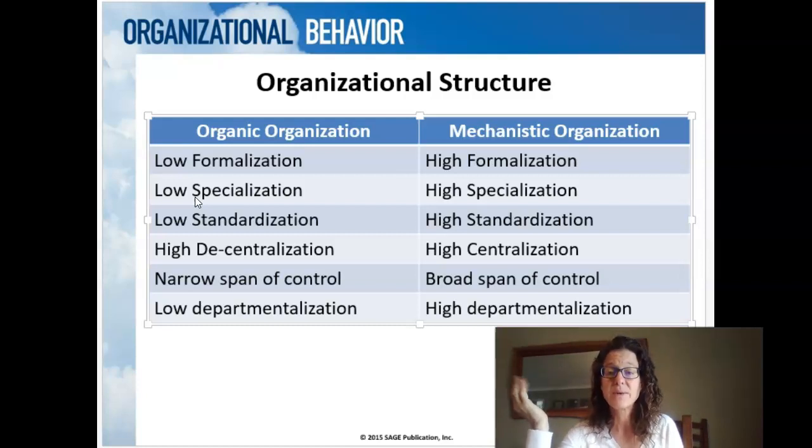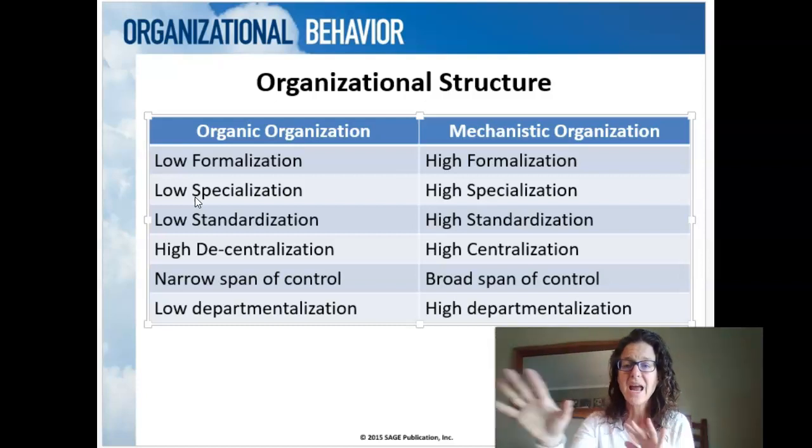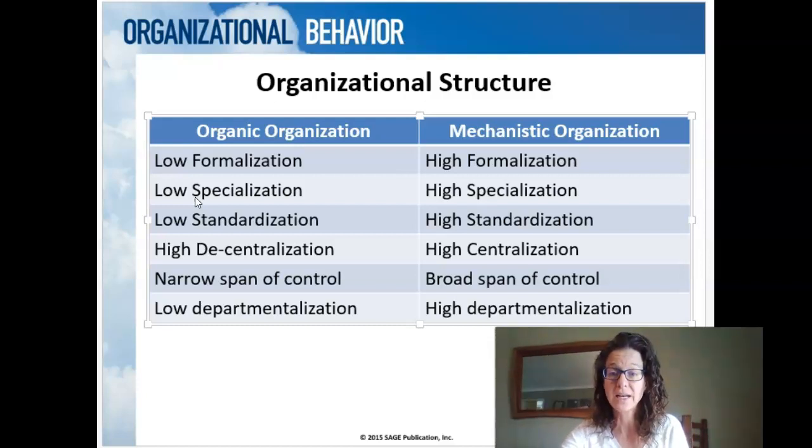And indeed, Southwest Airlines was the only airline that didn't have to lay off any employees post 9/11 because they were operating in such a lean way. And so they used low specialization. They used a lot of cross-training to enable their employees to be a jack of all trades and know how to do lots of different things and shift people around based on need.